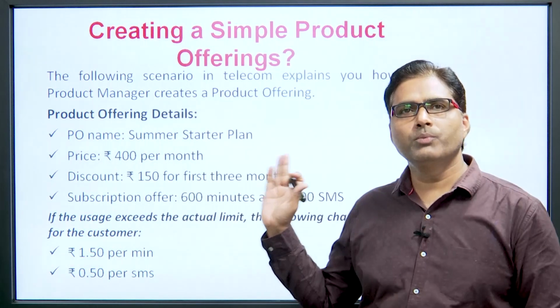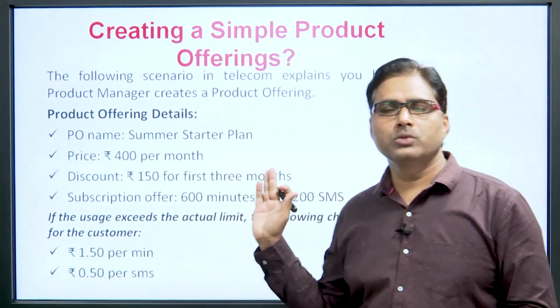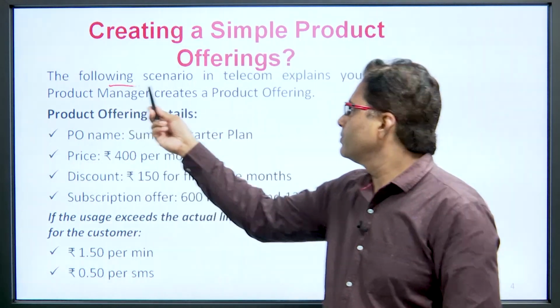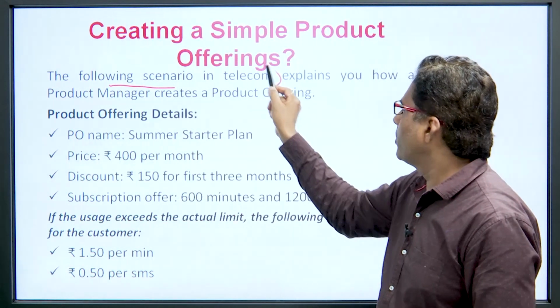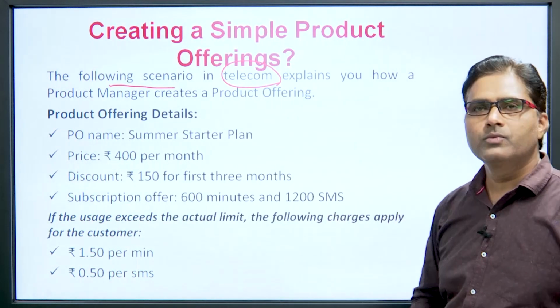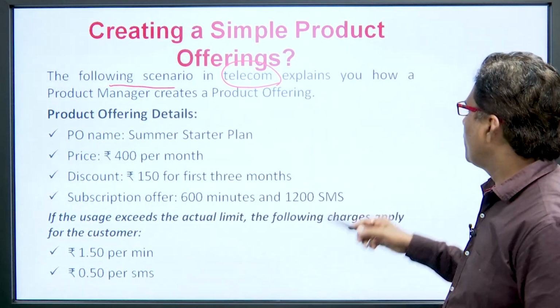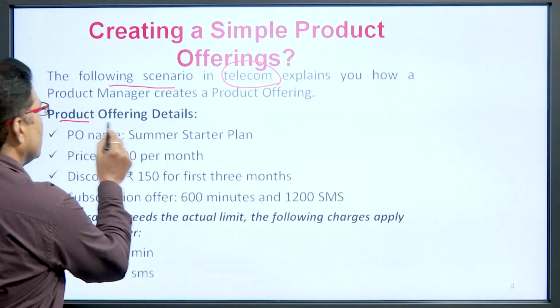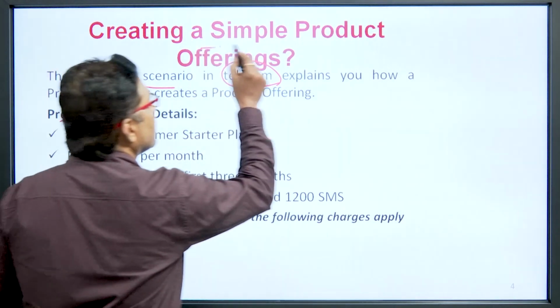Here is a simple example of SPO, simple product offering. In the following scenario, if we take the example of the telecom industry, the product manager can offer a single product offering.